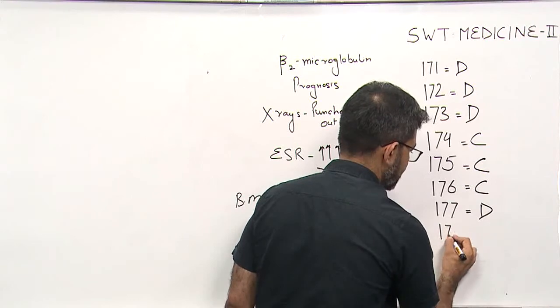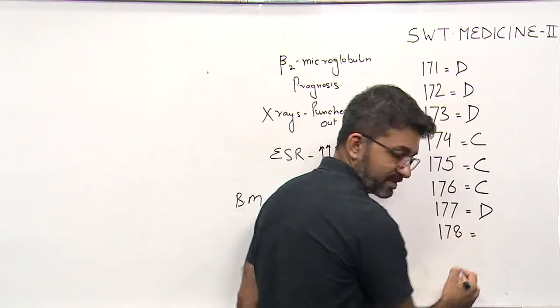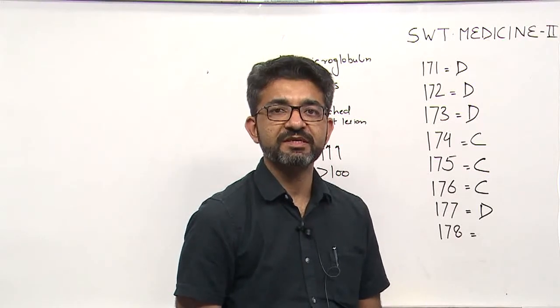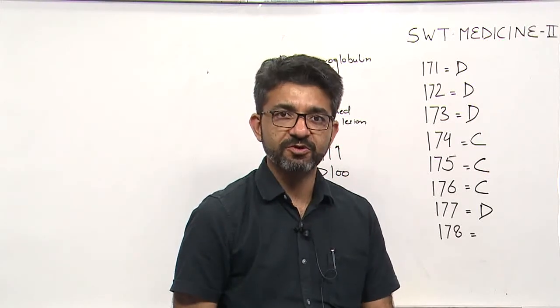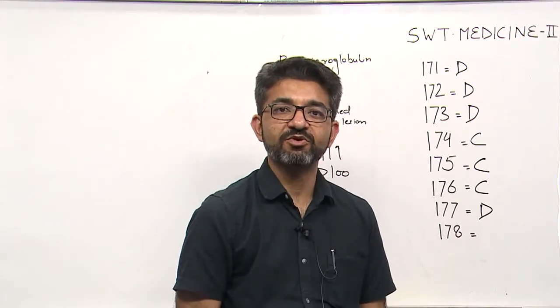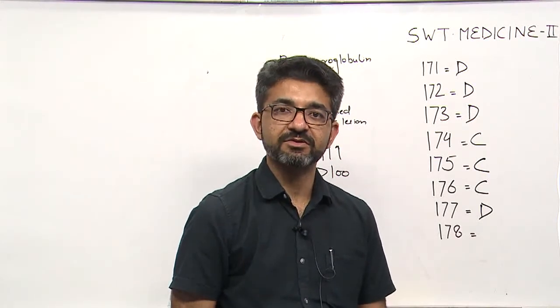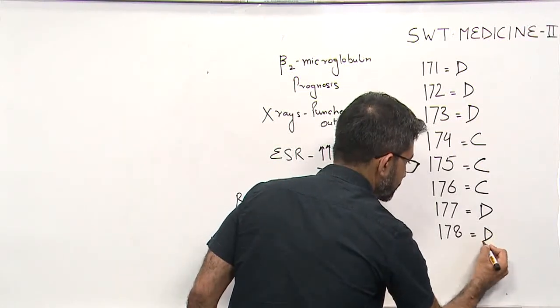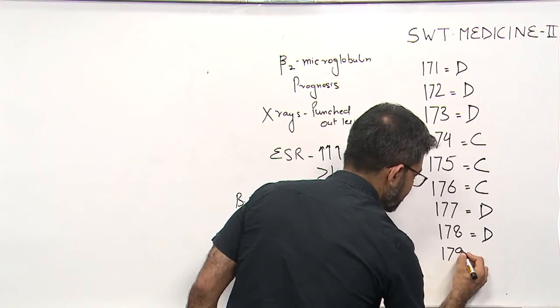Question number 178. It's an important question. Prognosis of ALL. You know, monosomy carries worse prognosis, whereas translocation T 8;21, which we normally read, carries good prognosis. It is monosomy 7. Answer is D. 179.